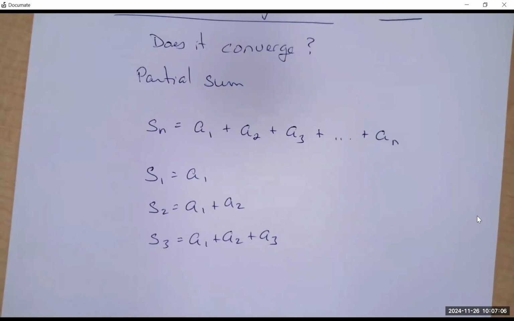Now, if it converges, there's no real formula that tells us what it converges to. We look at the sequence: does it converge? Does it tell us what number it converges to? Not really. We have to do something else.